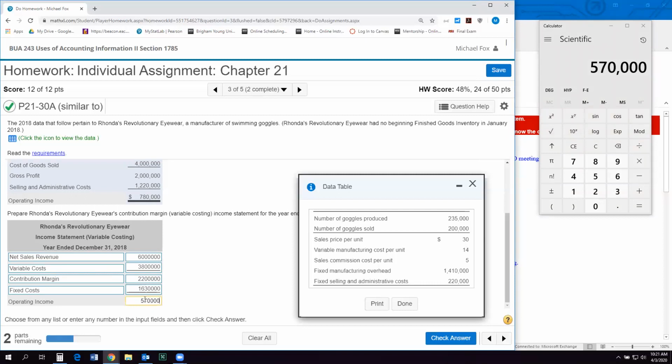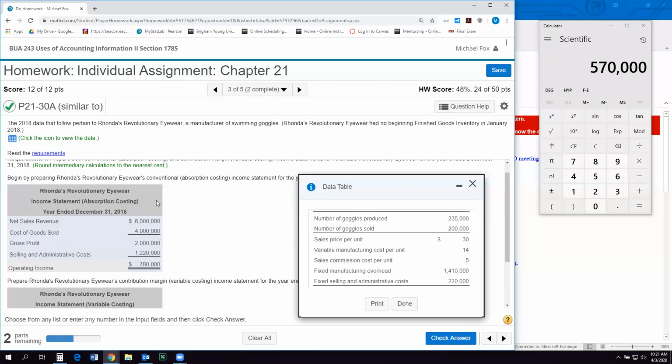So the rest of this problem is trying to get us to reconcile or figure out why the operating incomes are different. And the reason they're different is because when we divide the fixed manufacturing overhead by the number of units produced, and then figure out how much fixed manufacturing overhead cost there is per unit, and then multiply that by the number of units sold, we're leaving another 35,000 units times $6 in fixed manufacturing overhead per unit sitting there in our ending inventory.